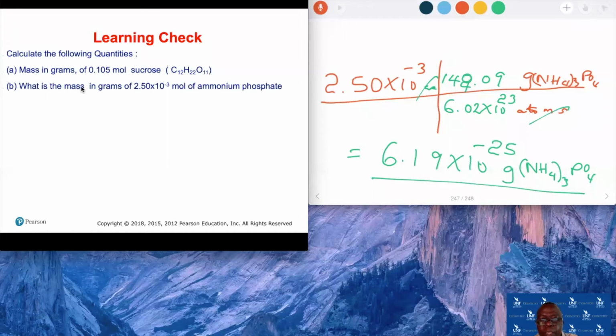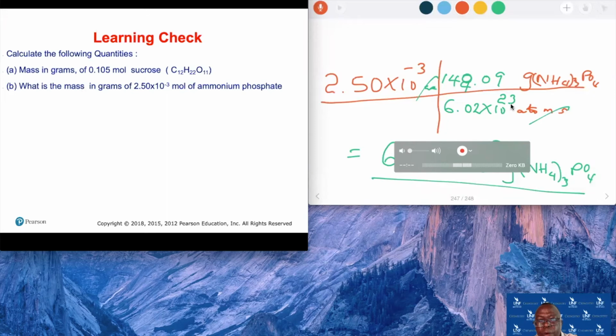So the final answer should be in grams, right? Yes. So the molar mass is right here. And the Avogadro number is below here so that we reconcile atoms and atoms. You see how I'm canceling out atoms and atoms?